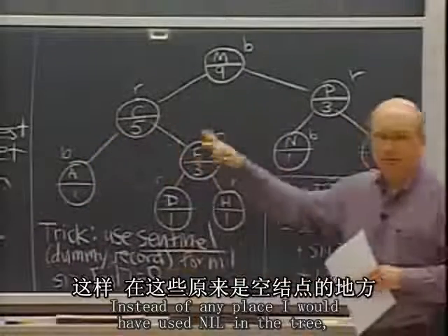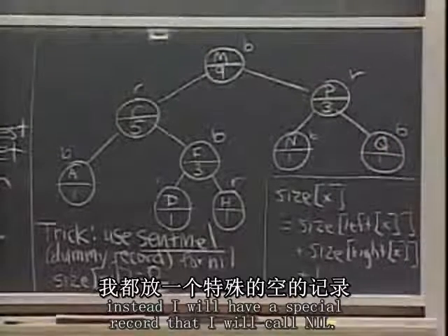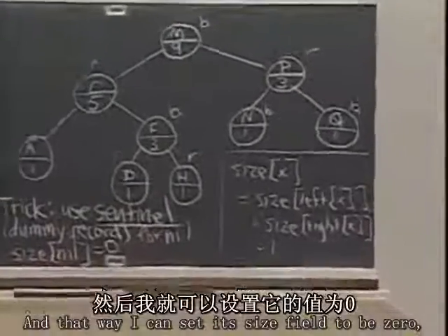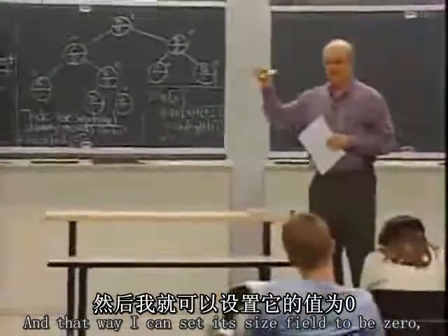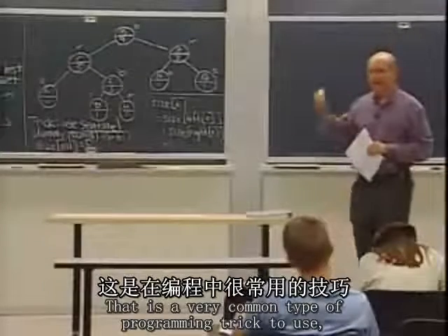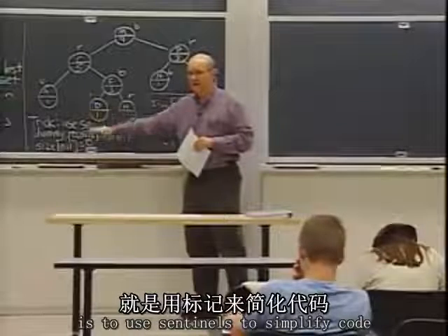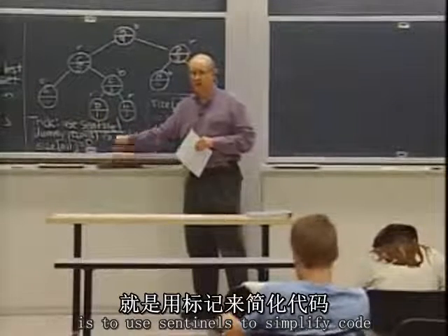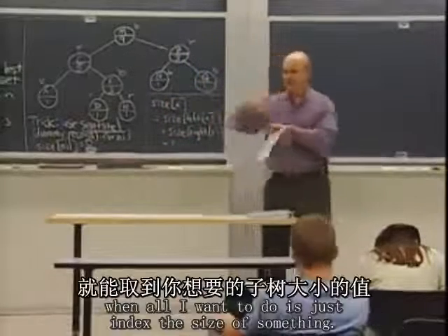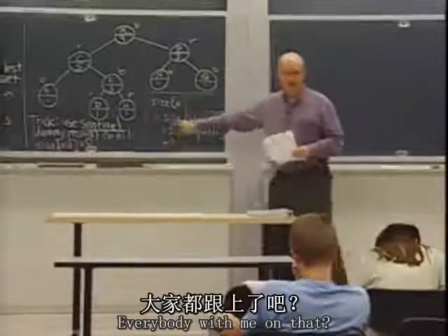So instead of any place I would have used nil in the tree, I'll have a special record that I'll call nil, but it'll be a whole record. That way I can set its size field to be 0, and then I don't have to check that as a special case. That's a very common programming trick, using sentinels to simplify code, so you don't have all these boundary cases or have to write an extra function when all I want to do is index the size of something. Okay, everybody with me on that?